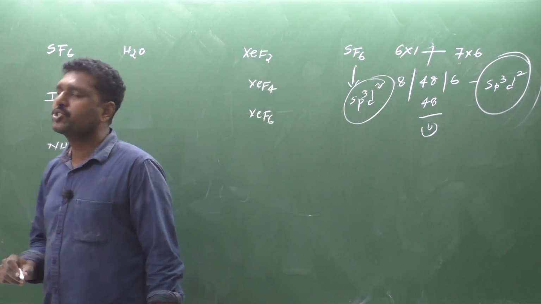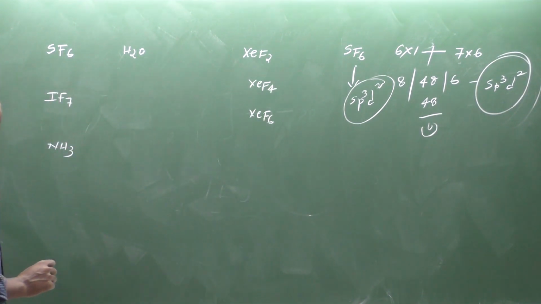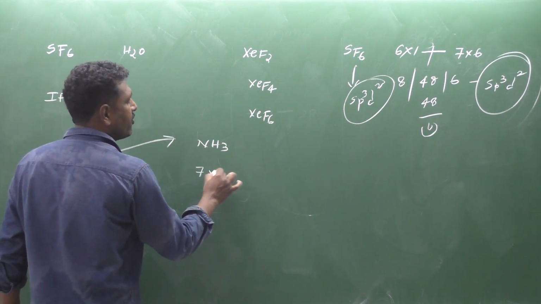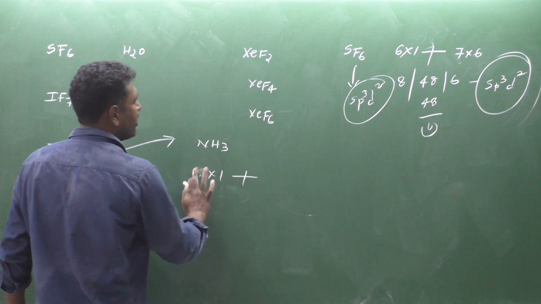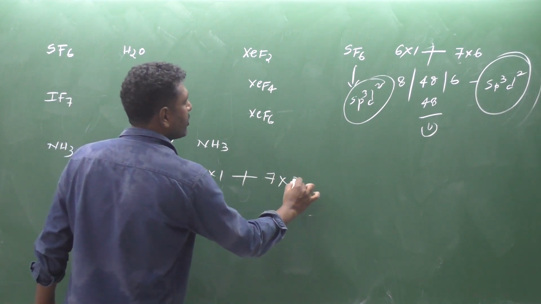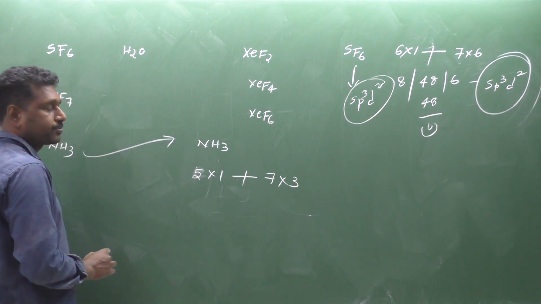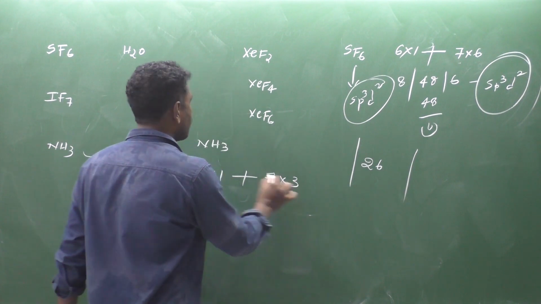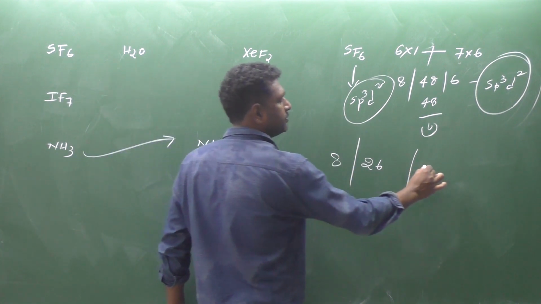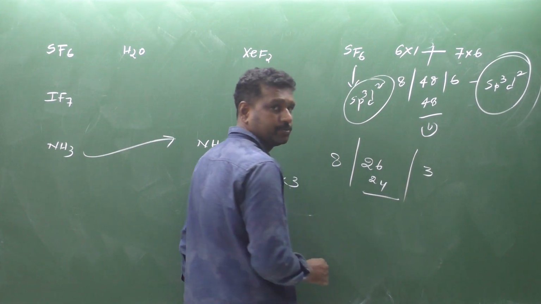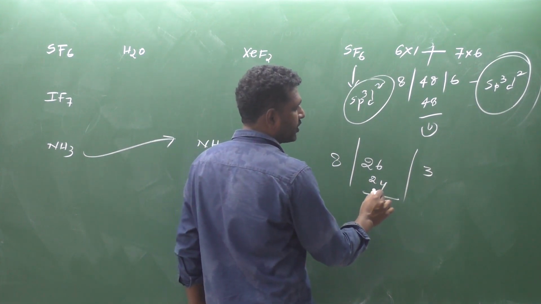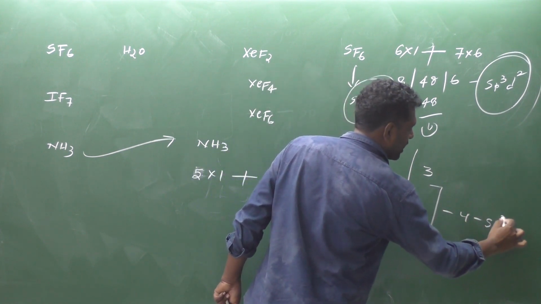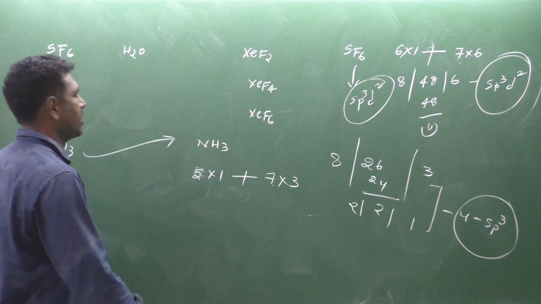After that, NH3. What is the hybridization of nitrogen in NH3? 7 into 1 plus 5 into 1, wait: 1 into 3 plus 5 into 1, 3 plus 5, 8 ... the calculation goes: 21 plus 5, 26. Divide by 8, 3 times, 24, remainder 2, 2 divided by 2, 1. This gives sp3 hybridization.